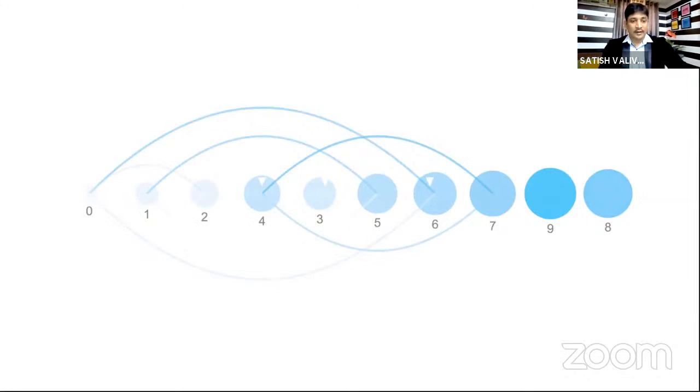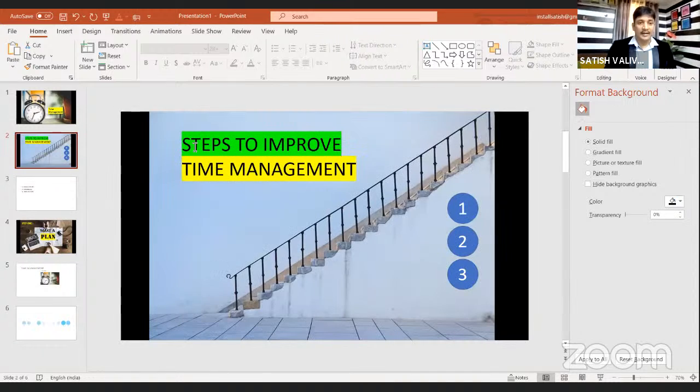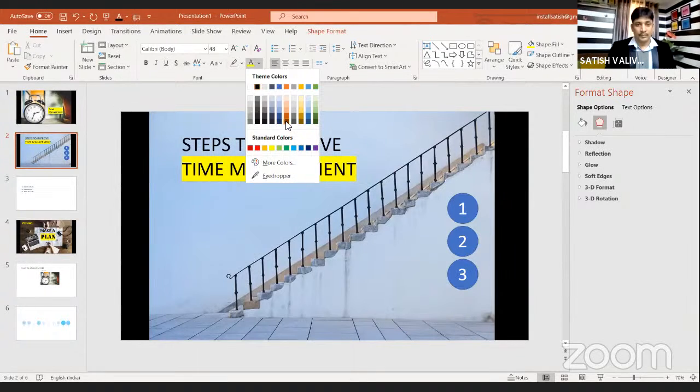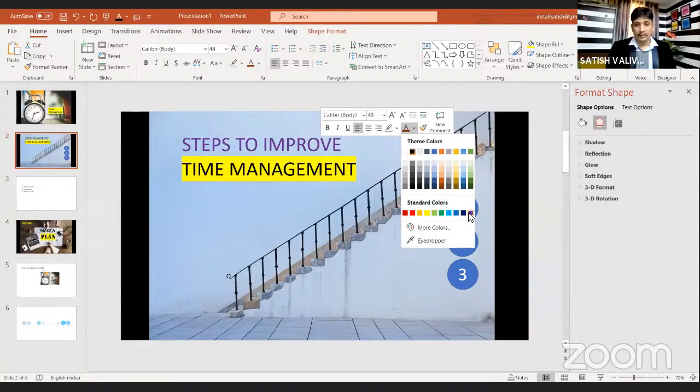Can we change the color of the fonts instead of highlighting the text? Yes, sir, we can do it, Ajit. Instead of highlighting it, you can remove the highlight, no color, and then use some color that suits it.